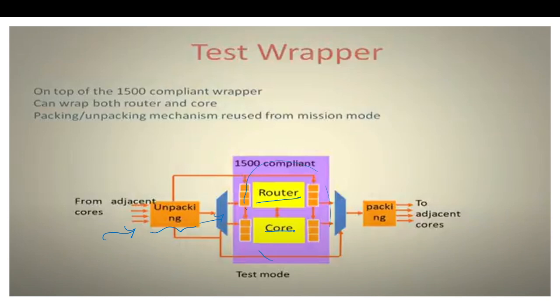So both are wrapped with the 1500 wrapper cell, and then we get unpacking of the response. Again we pack the responses, and if needed, we can apply them to the next processing core, or they go back to the ATE. If we want, we can even add the bypass and then test the next core.